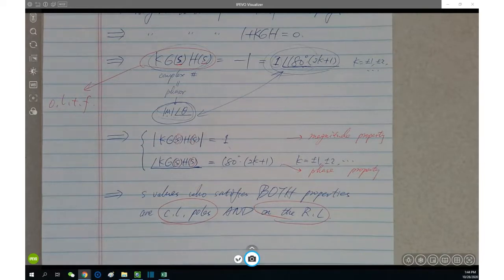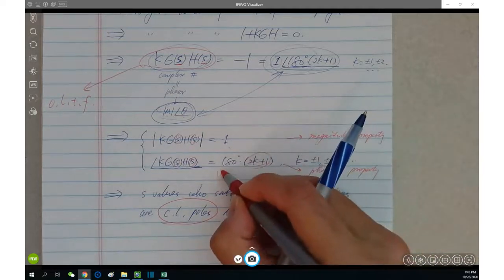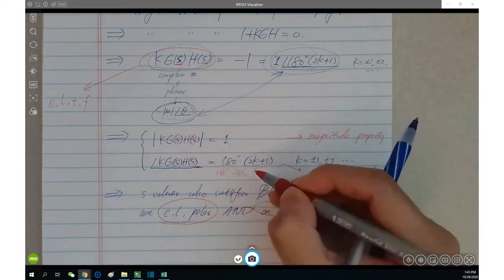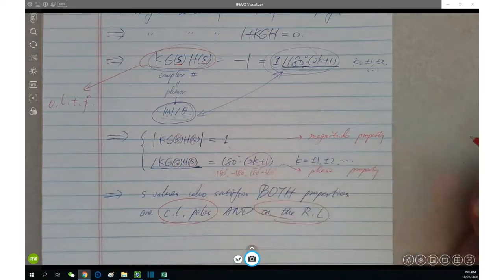Any questions here? Does it make sense? Why do we use 2k plus 1 in a phase angle? Like I said, we are trying to involve different angles, because 180 is okay. 180 is also right. 180 plus 360 is right too.